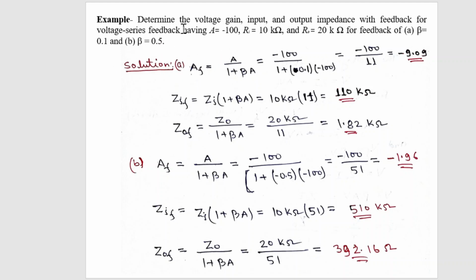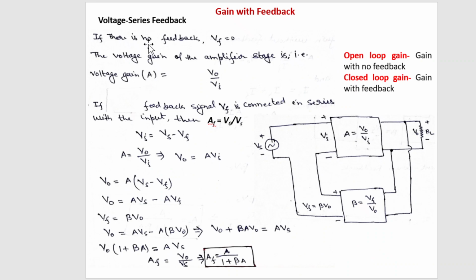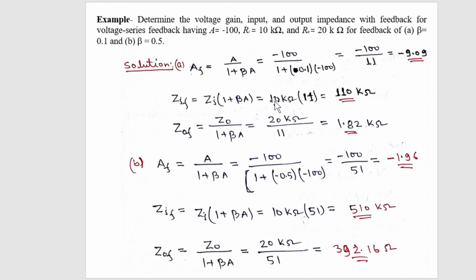We know that for voltage series network we have calculated gain: AF is equal to A upon 1 plus beta A. In this numerical problem, A is given, that is minus 100, the gain without feedback. So AF is equal to A divided by 1 plus beta A, that is minus 100 divided by 1 plus 0.1 multiplied by minus 100, for case A when beta is 0.1.